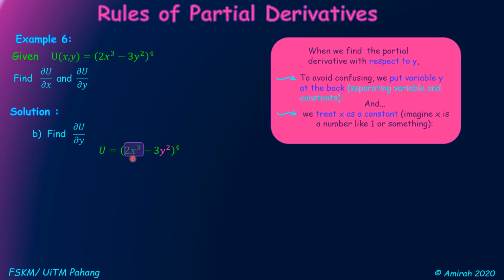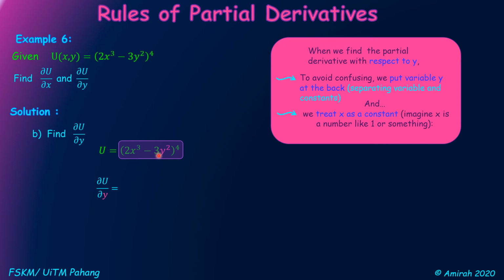And we treat x as a constant. We just imagine x is a number like 1 or something. Let's say we replace variable x here with 1. So we get 1 cubed. And then times 2, so equals 2, which is also constant. Okay? Then we can differentiate with respect to y.